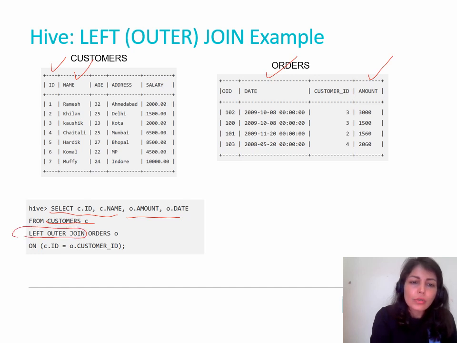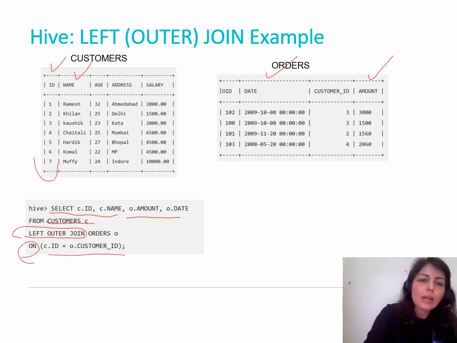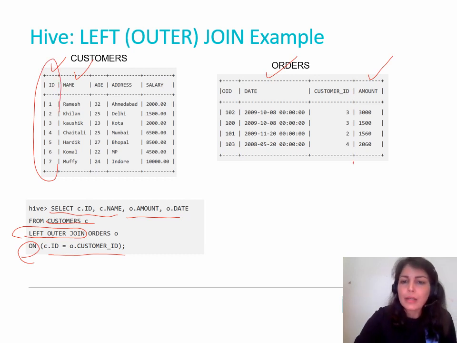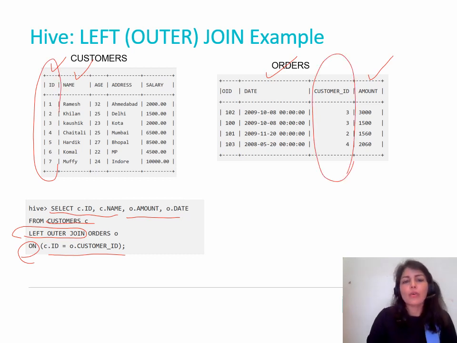This is the keyword for left outer join. We want to join customers with orders on. This is another keyword. And where the shared columns, primary key here and foreign key here, are equal.